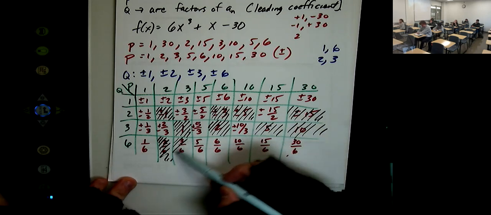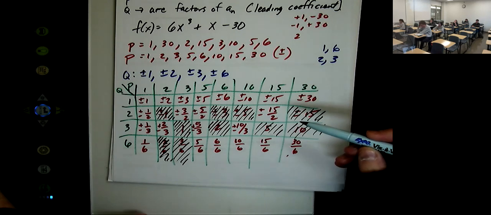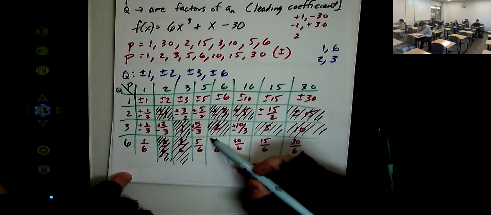I don't need that one. 6 over 6 is 1. Don't need that one.